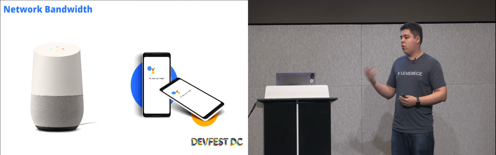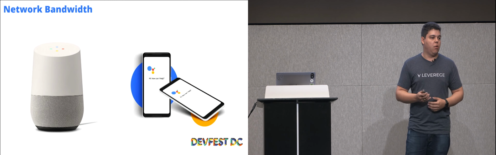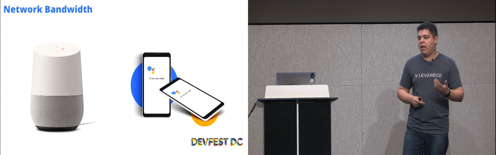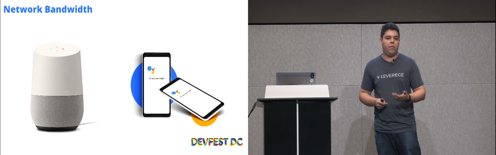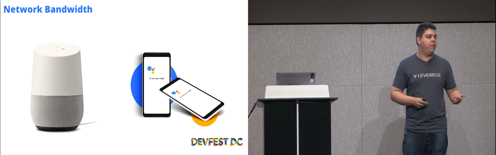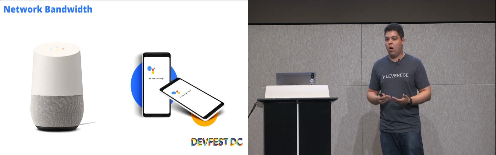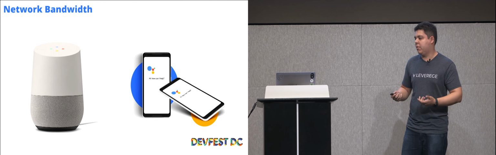And Google also announced this year that the next generation Google Assistant is going to have a feature to work entirely offline. So all the natural language processing is going to run offline on the device. With that, we are going to save even more bandwidth and also have better latency and reliability of the voice processing.